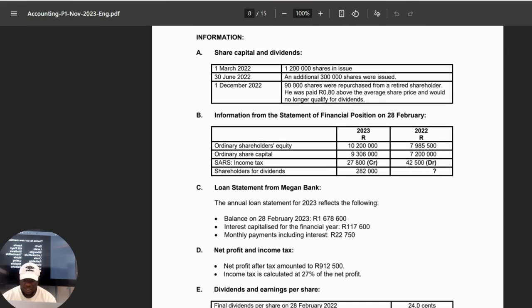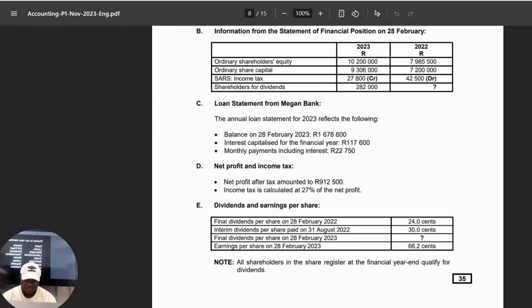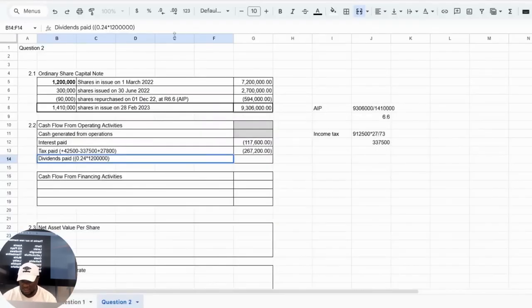The number of shares issued then would be the shares that were there at the beginning of the year, as well as the shares that were issued during the year. So during the year, we would have issued an additional 300,000 shares added to the 1.2 million. But remember that 1 December only comes after this dividend was paid, so we won't subtract the shares that were repurchased. So we're simply going to take 30 cents and then multiply by 1.5 million shares.